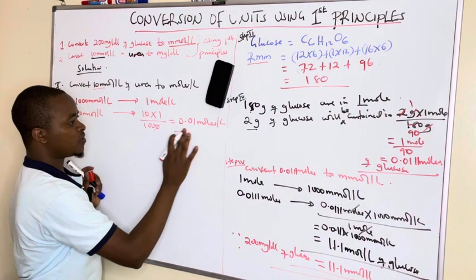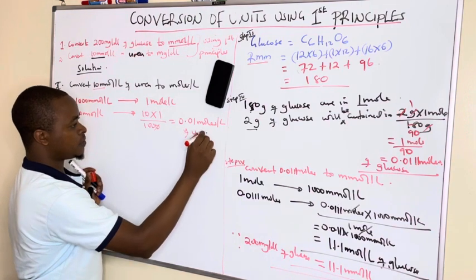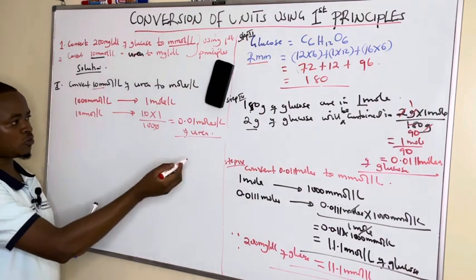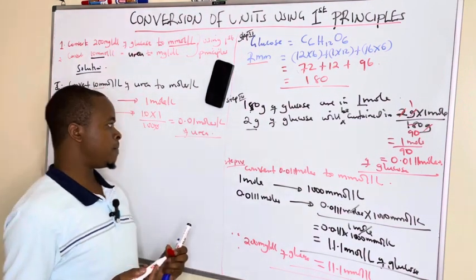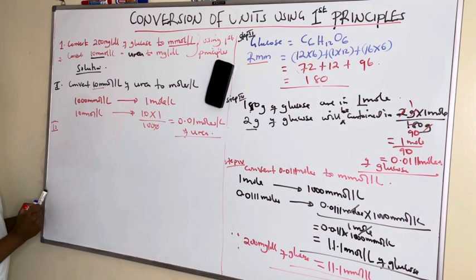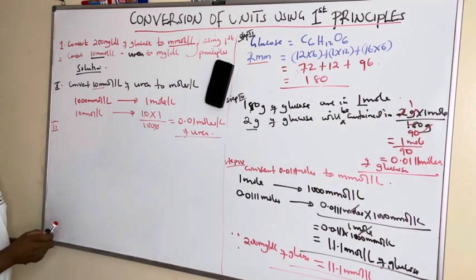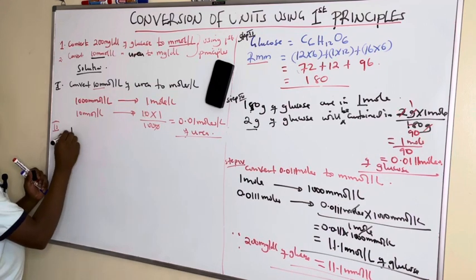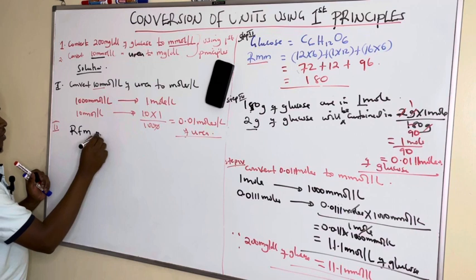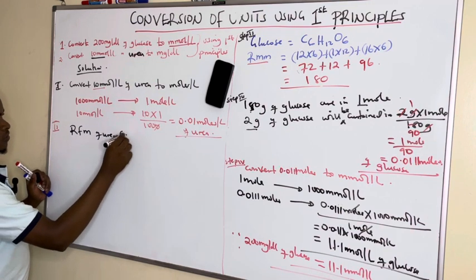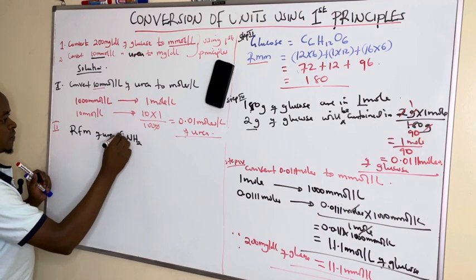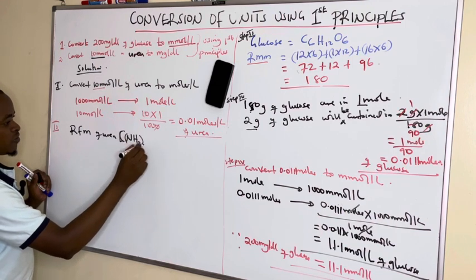This is of urea. So that is the first step. After converting millimoles to moles per liter, the second step will be to calculate the relative formula mass of urea. This is the formula of urea.